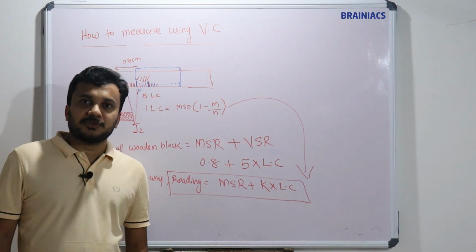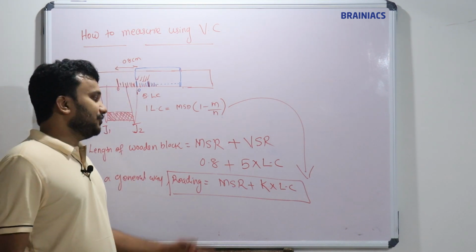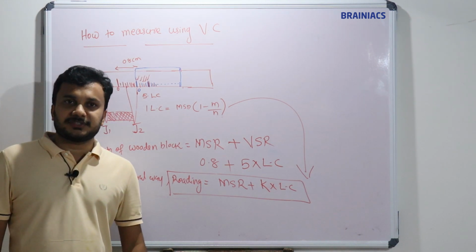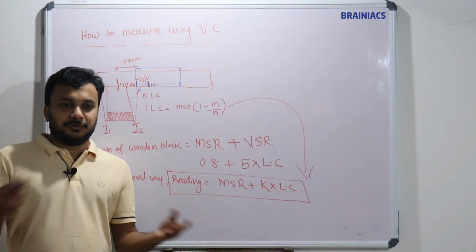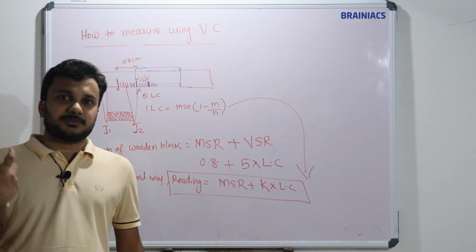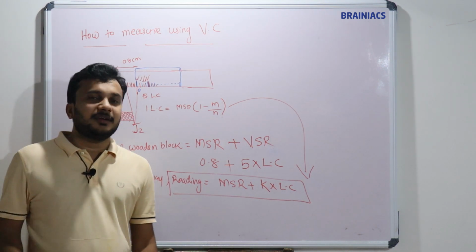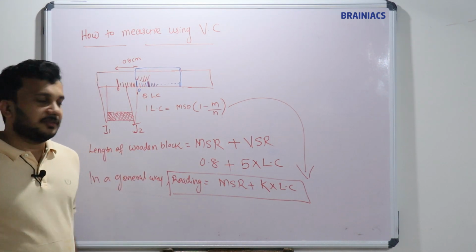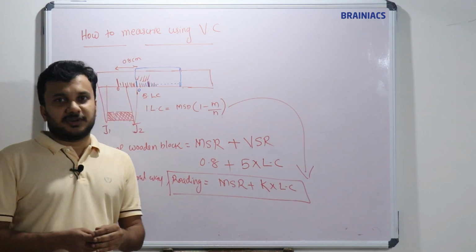Definitely at some point, once you get a chance, this is a practical session in your first year physics. You will go to the lab, and you will get either a cylinder or a sphere or a wooden block, anything. You have to find out the length of that device. You have to measure using a vernier caliper.